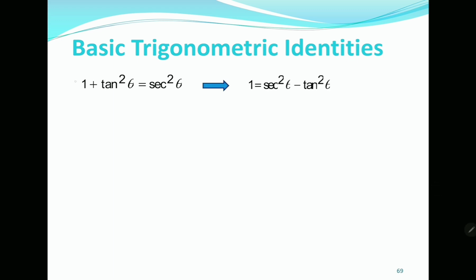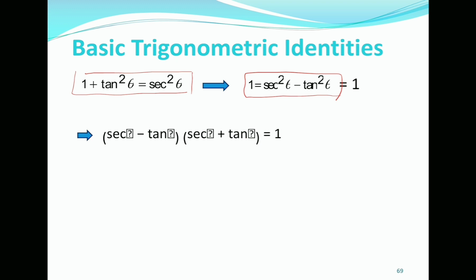One plus tan square theta equals sec square theta. This identity can also be written as, if I take tan square theta to the right hand side, sec square theta minus tan square theta equals 1.